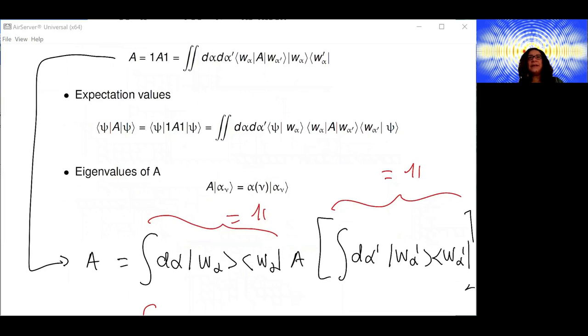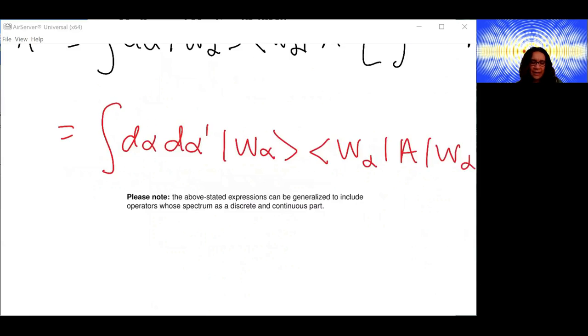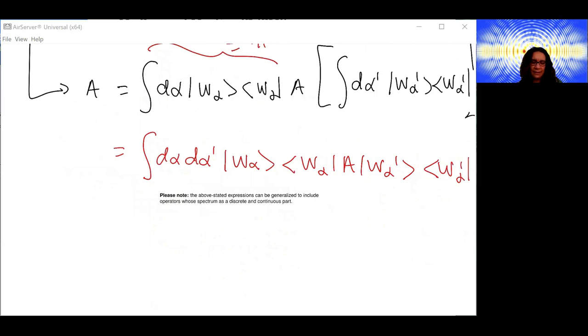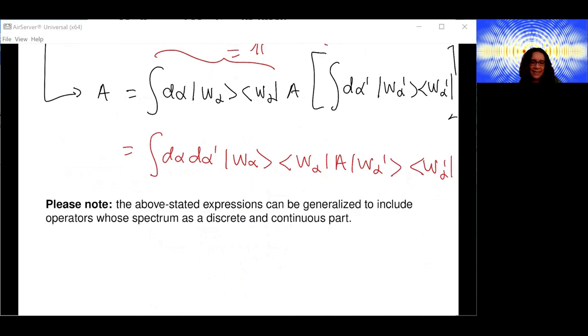And one important thing here is that all these expressions can be generalized, because sometimes you don't have only a discrete basis set.